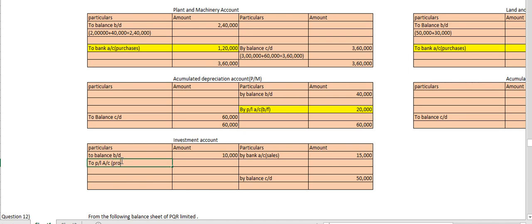So it is profit on sale, which is 15,000 minus 8,000. So you will get the amount to be 7,000.